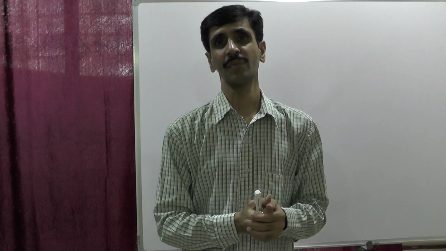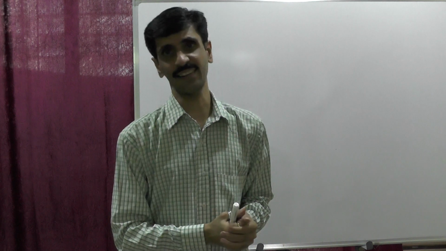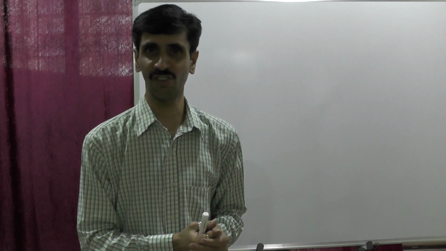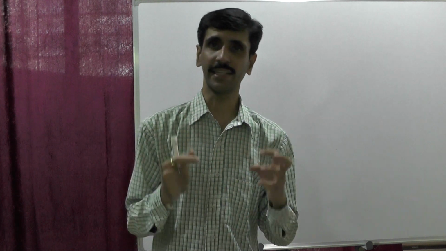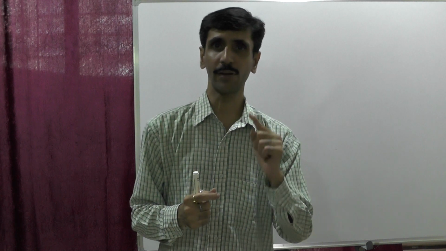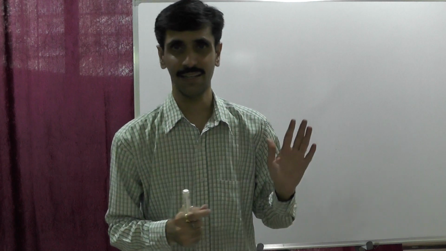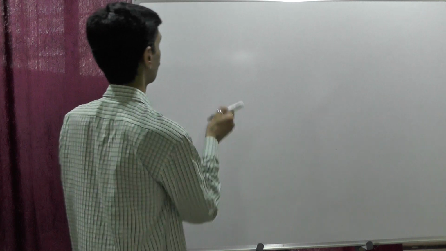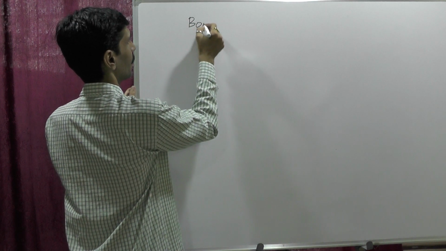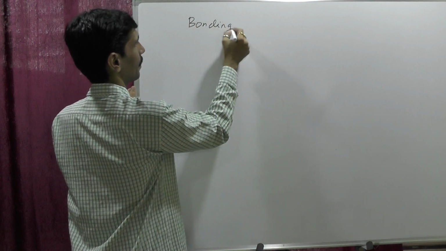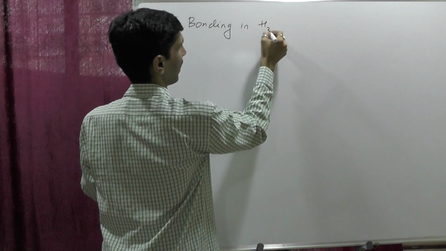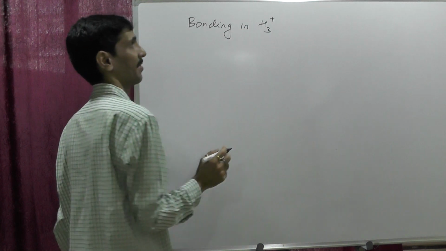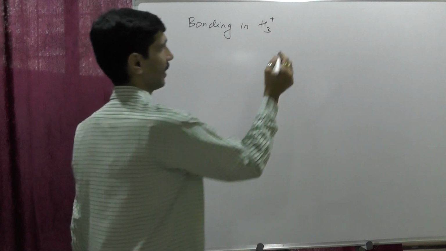Alright? So, without wasting any time, let's start with today's edition, and that is about the bonding in trihydrogen molecular ion. So bonding in H3 plus ion. Okay, this is trihydrogen molecular ion.